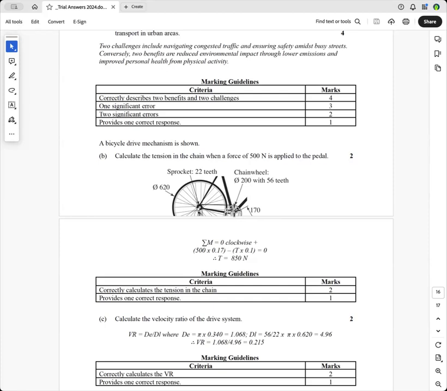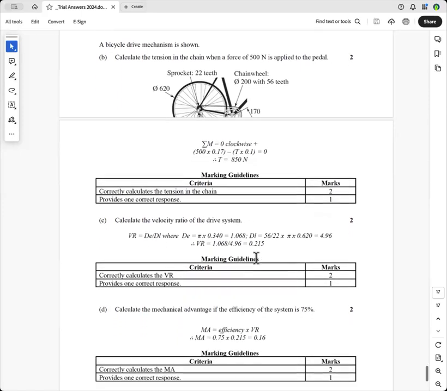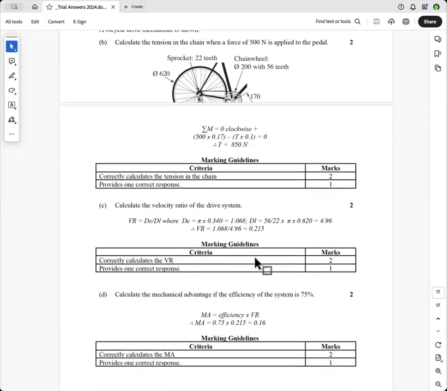And the chain is 100 millimeters radius times the tension. So that's the tension that this pedal is putting on this chain wheel. So you've got 500 newtons times 0.17, the radius of 170 there, minus T times 0.1, which is your sprocket size, your chain wheel size. And so T is 850.